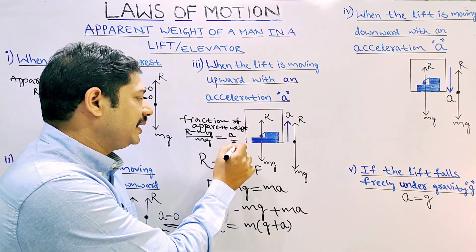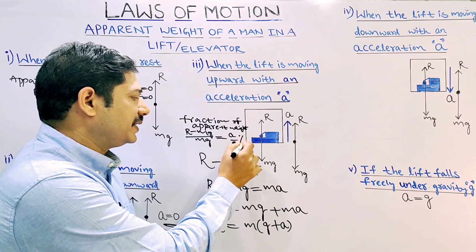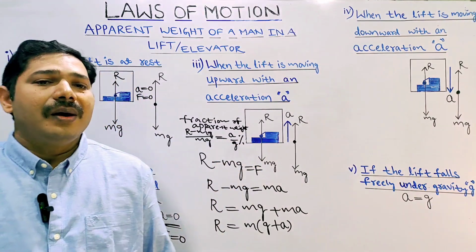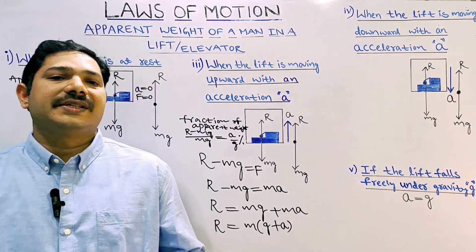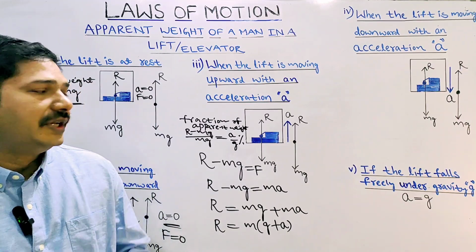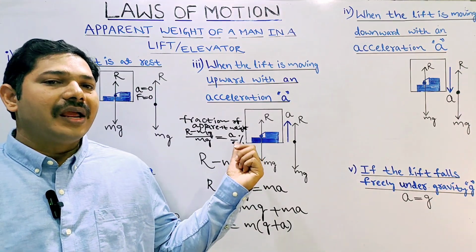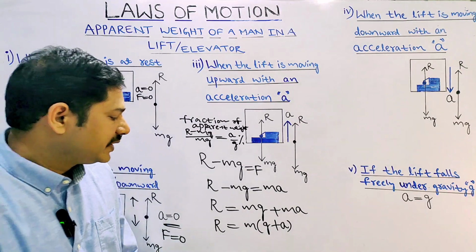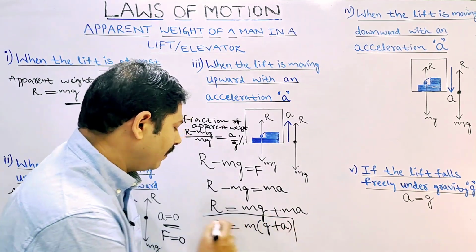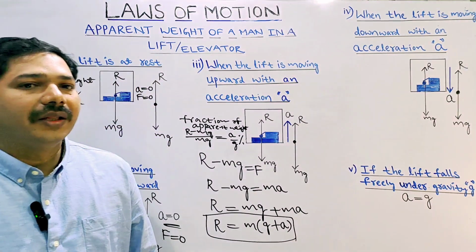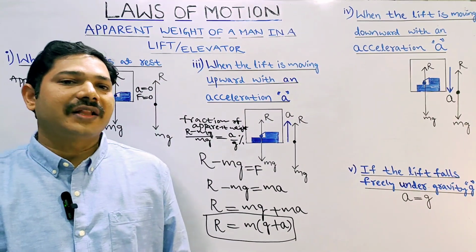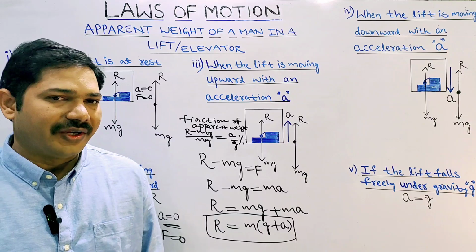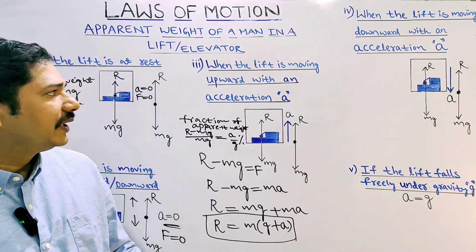So a by g percent is the last question: how much percent is increased. Using this formula, the weight increases by a by g percent. So when the lift is moving upward, the person feels heavier than the original weight.